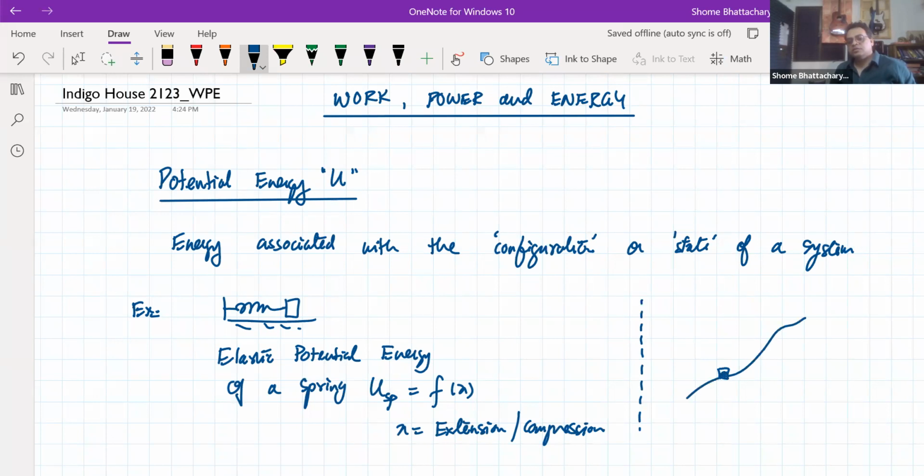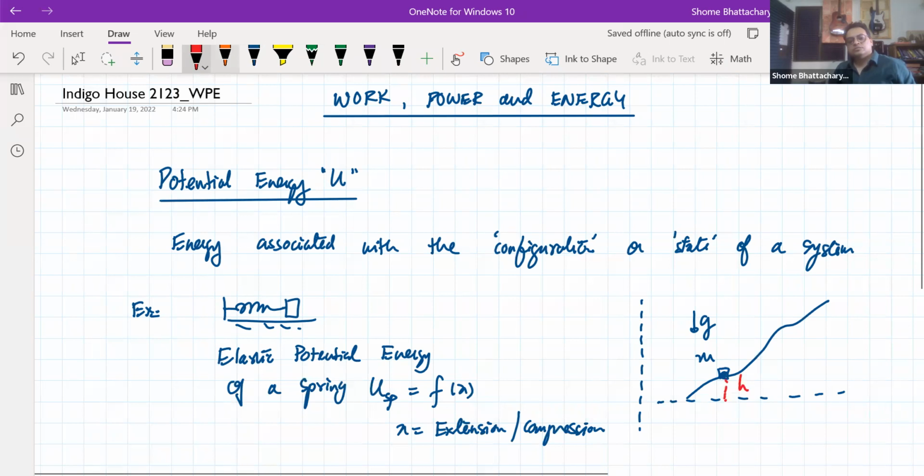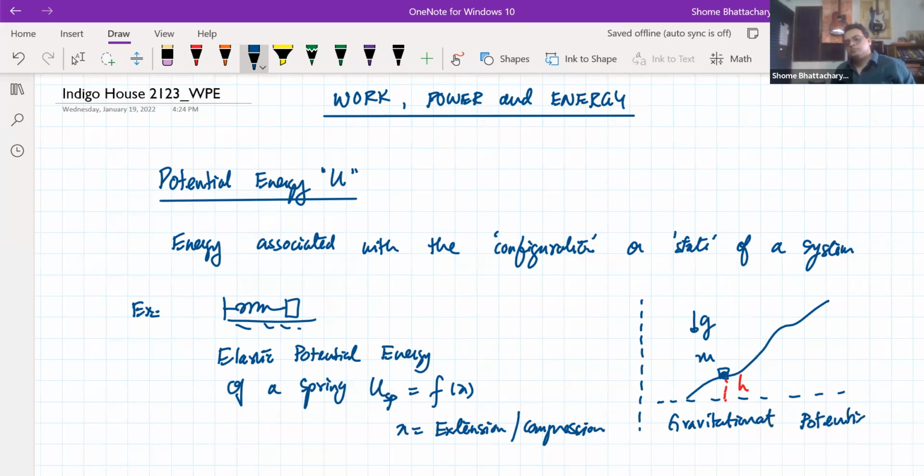Okay. Similarly, when we talk about an object moving in a vertical situation, then the gravitational potential energy of that object of mass m is a function of its height from the ground. It is going to be a function of h.